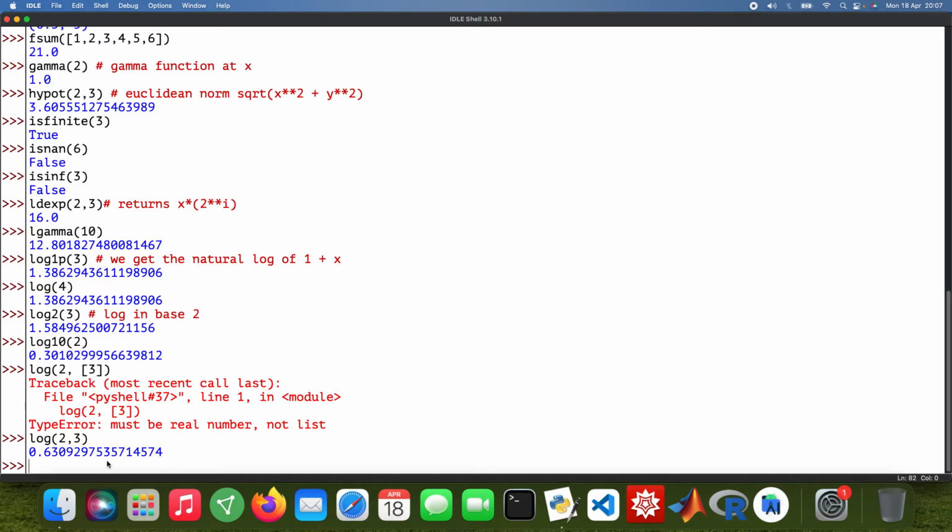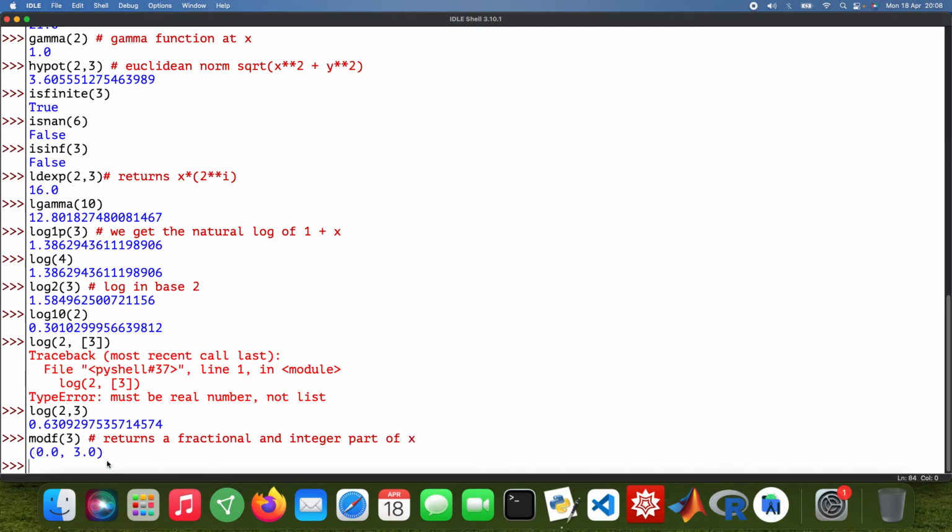And then after that, I'm going to look at modf. What this does for us is it returns the fractional and integer part of x.